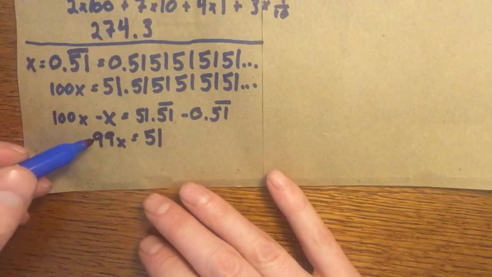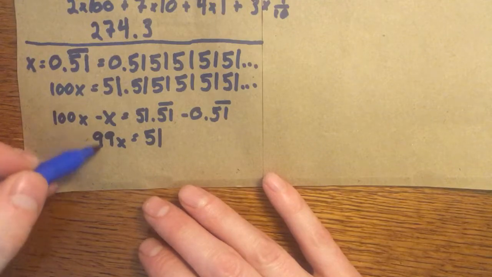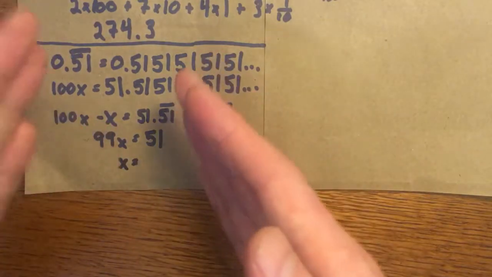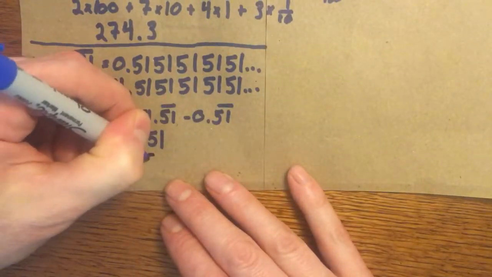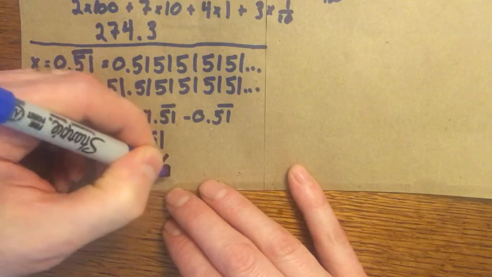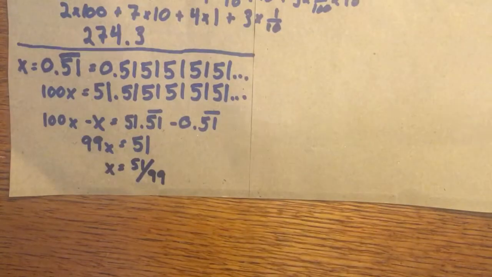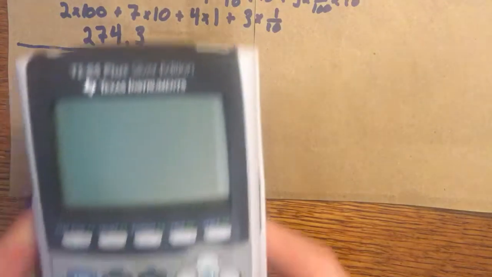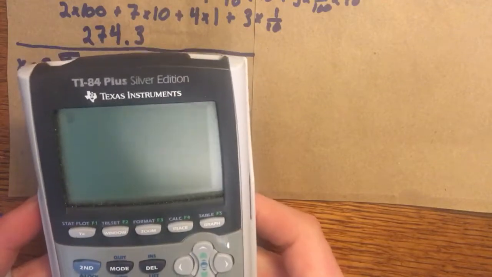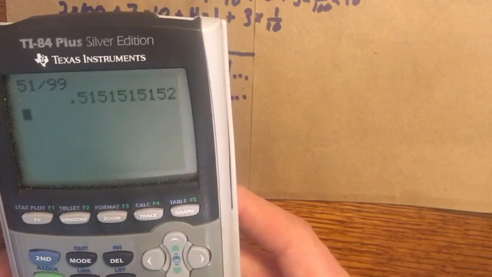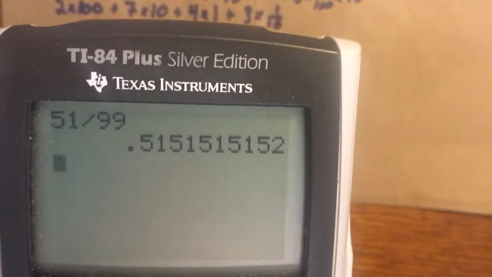Then 99x divided by 99 is 1x. But to keep this equation balanced, we do the same on the other side. And if we want to check this, it works.